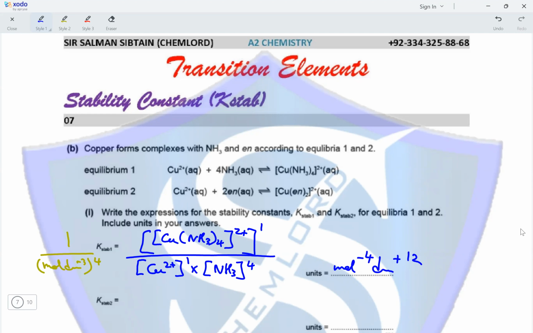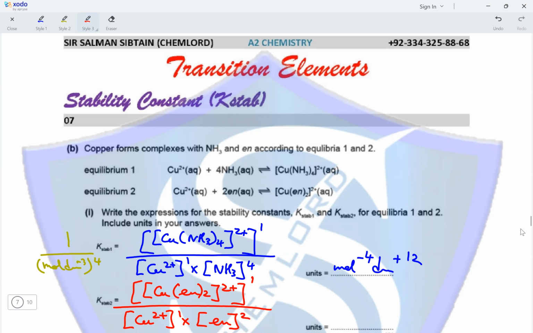So this turns out to be mol^-4 dm^12 when we bring the units into the numerator. For equilibrium 2, the expression would be the concentration of [Cu(en)2]2+ raised to the power of 1 divided by the concentration of Cu2+ raised to the power of 1 multiplied by the concentration of en raised to the power of 2.